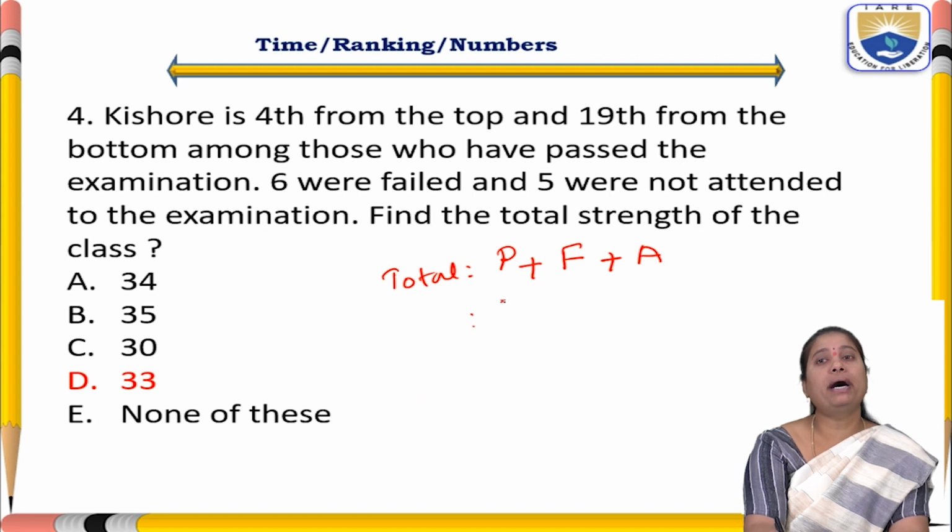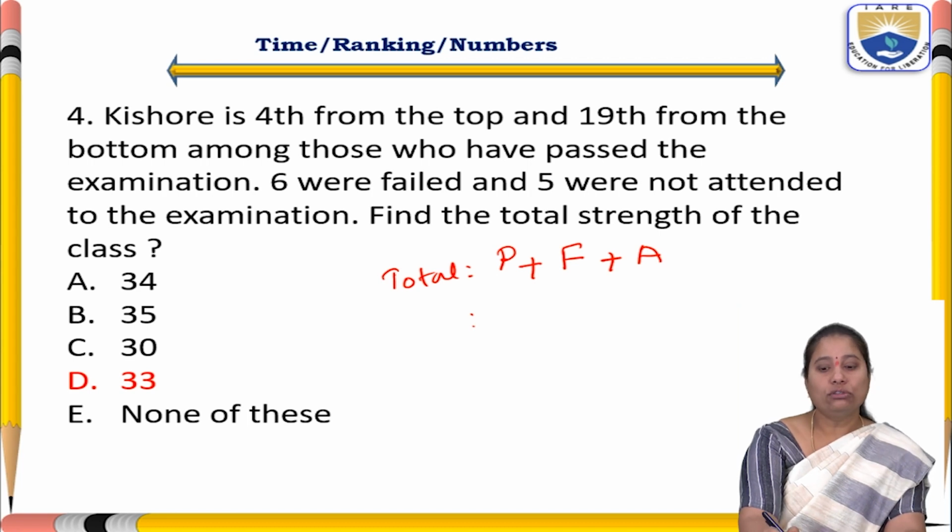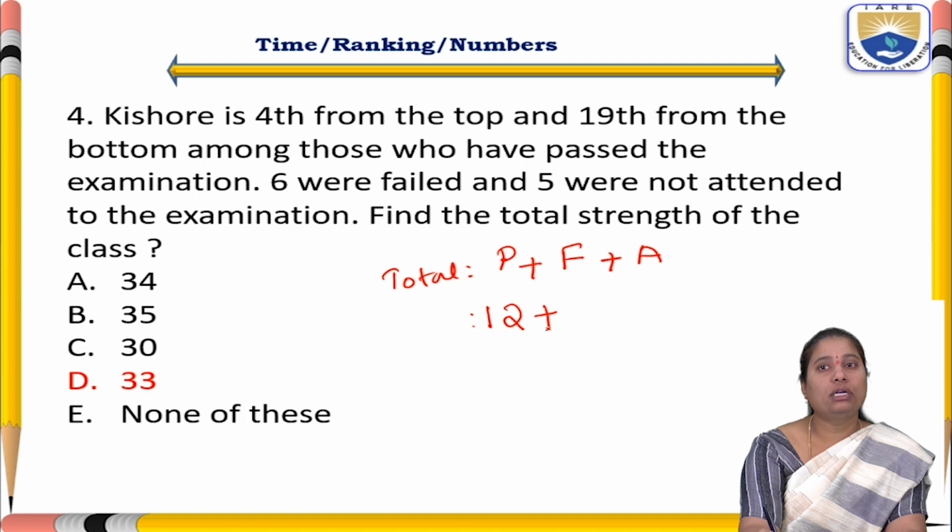First, the passed students, we don't know. But among the passed students, Kishore is 4th from the top and 19th from the bottom. It means the total number of passed students will be 4 plus 19, that is 23, minus 1 because we are counting Kishore two times. So the total number of passed students is 22.